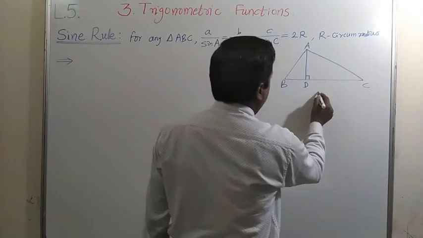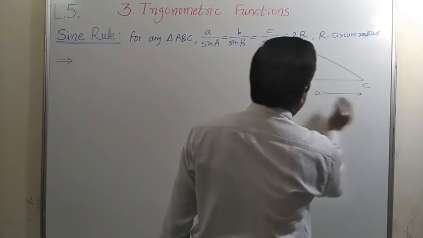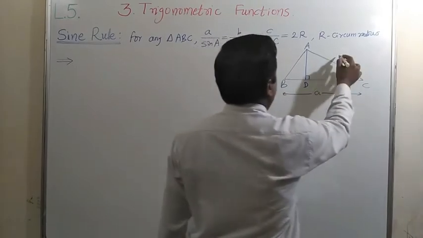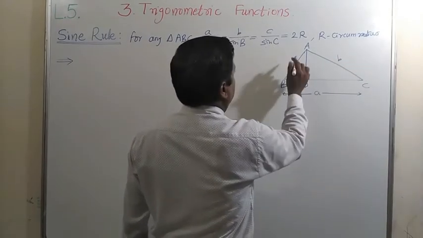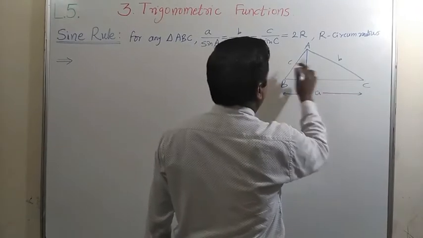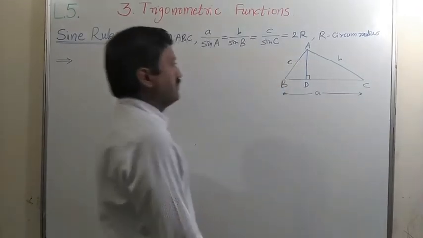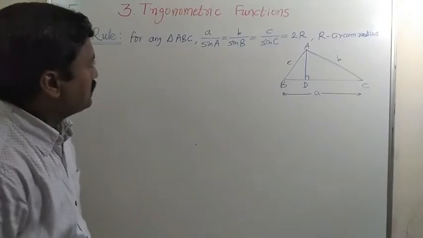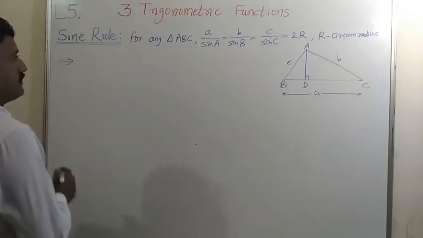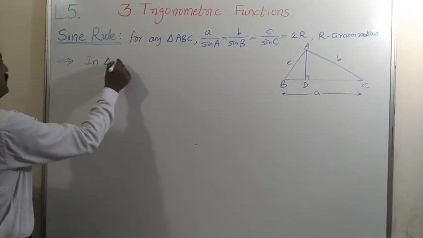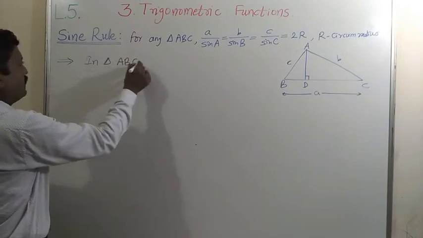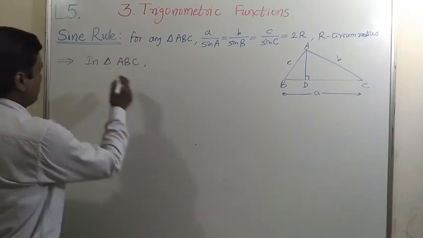Here, this small a is nothing but the length of the side opposite to angle A. Small b is the length of the side opposite to angle B, and the side opposite to angle C is denoted by small c. Is it okay? Now, in triangle ABC, can we write AD?